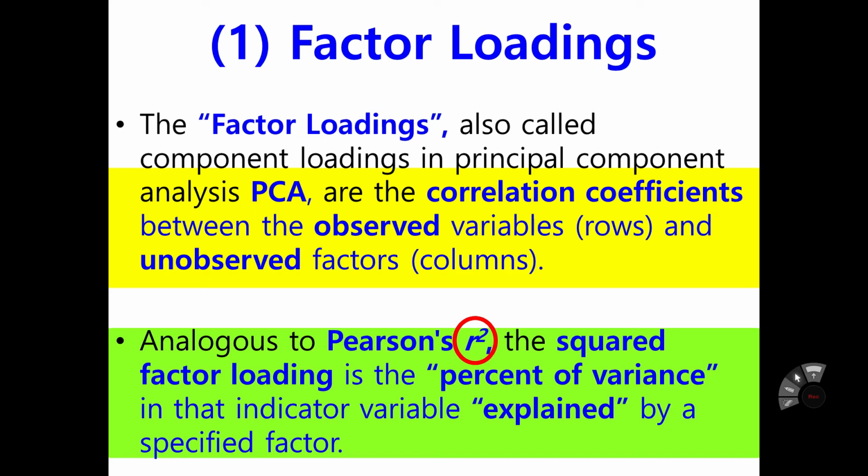The factor loadings, also called component loadings in principal component analysis, in short PCA, are the correlation coefficients between the observed variables, those are indicators located in rows, and unobserved factors represented in columns.